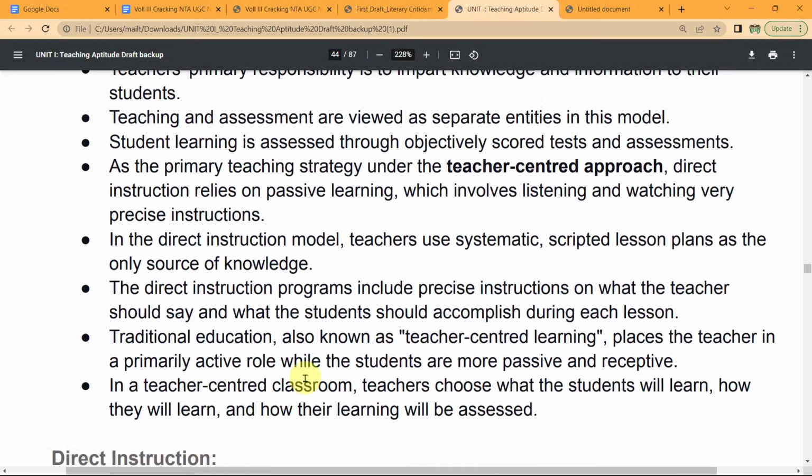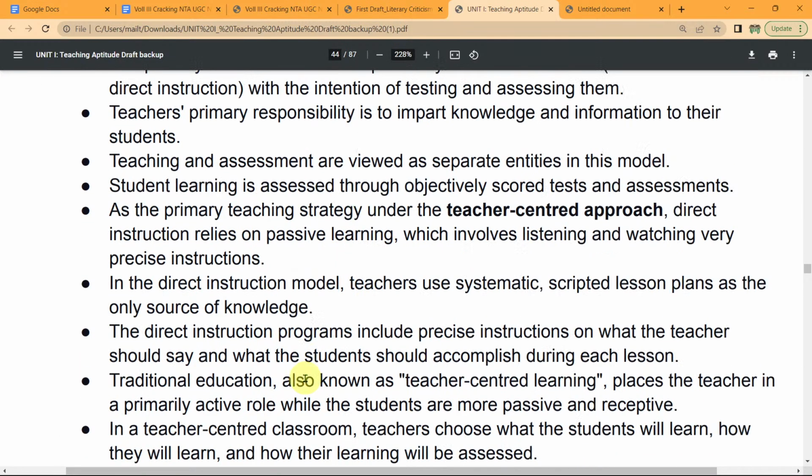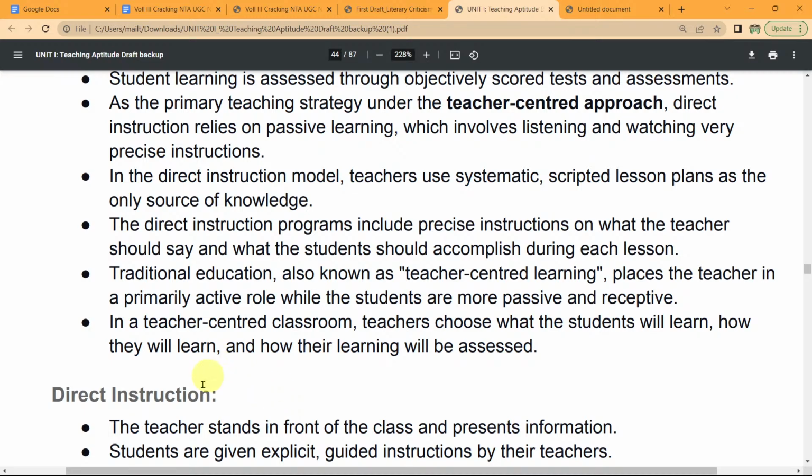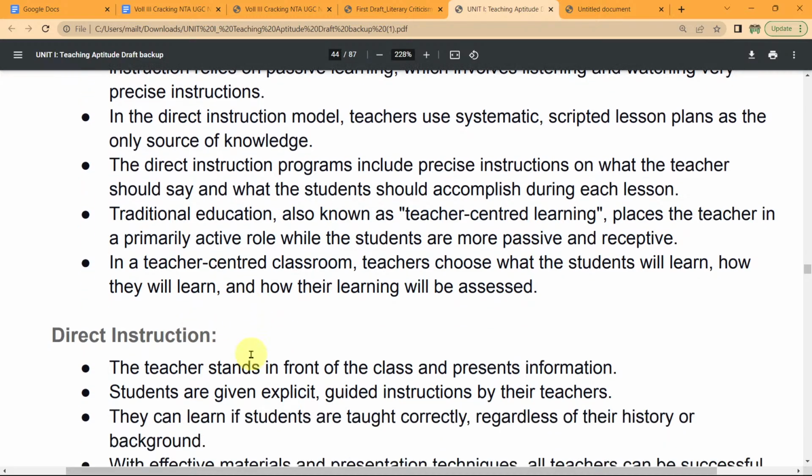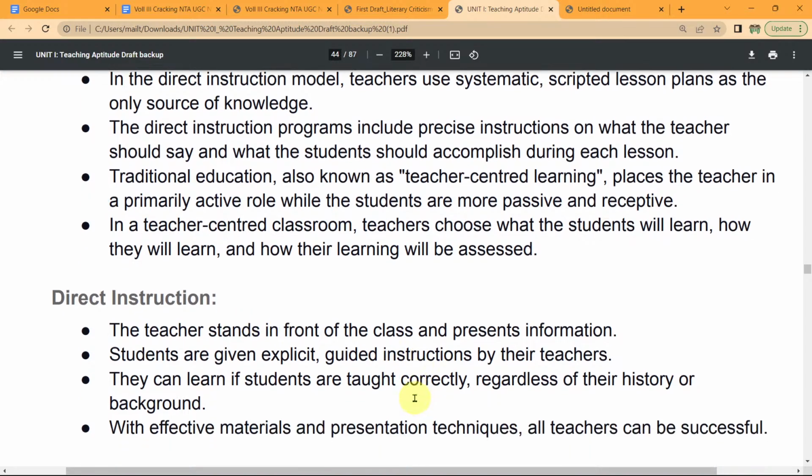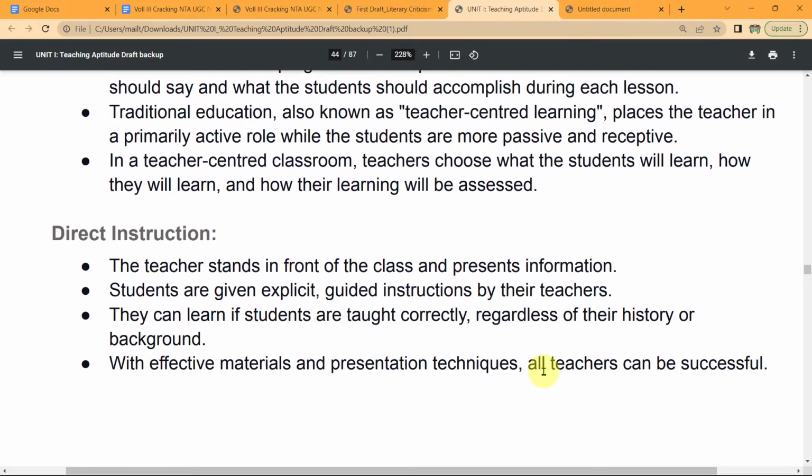Now, in teacher centered methods, remember, direct teaching or direct instruction comes under the teacher centered method, where the teacher stands in front of the class and presents information. The teacher plays the primary role, the student plays the secondary role, with explicit guided instruction by the teacher.